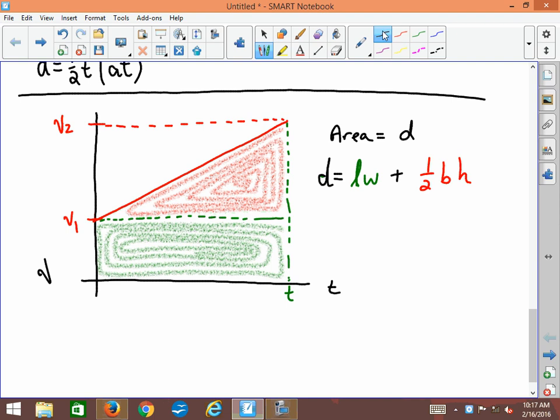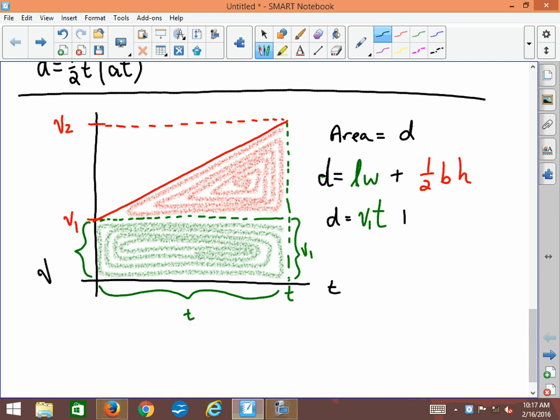And so if I plug in what I've got, well, the length of the green area is t, and the width of the green area, if you look on this side, is just whatever V1 is. That's how high that would be. So I can write width times length, or length times width. We usually write it this way. It's V1 times t.